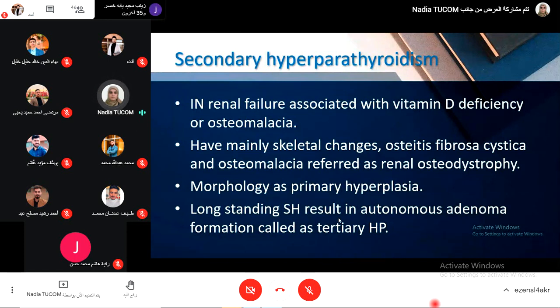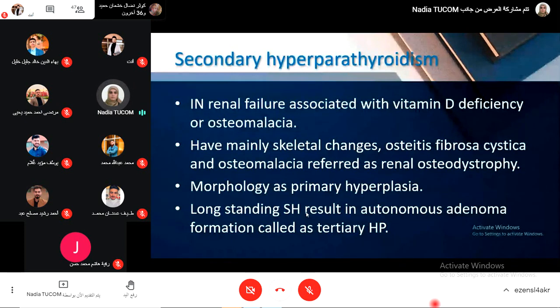It has no relation to, or is independent of, the blood calcium level. Even if there is correction, even if the serum calcium and the renal impairment return to normal, there will be continuous stimulation, as if it is an adenoma.